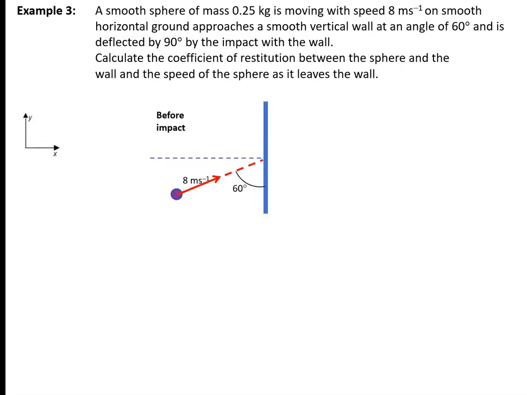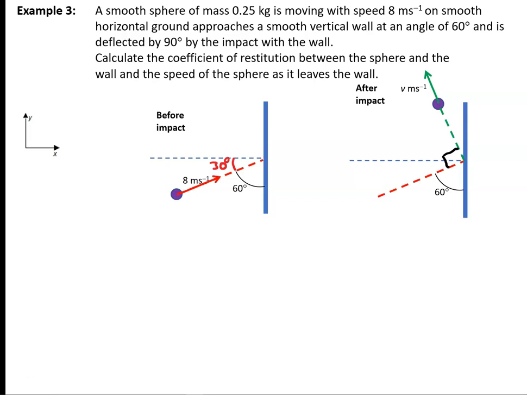So, setting up the y-axis to be the direction of the wall, we've got our particle approaching the wall at an angle of 60 degrees to the wall. After the impact, the particle has been deflected through 90 degrees and is moving with speed little v meters per second. So we can now start writing some vectors down.